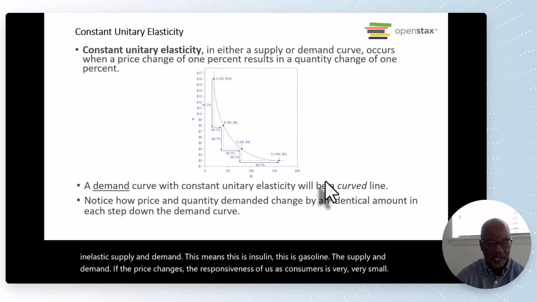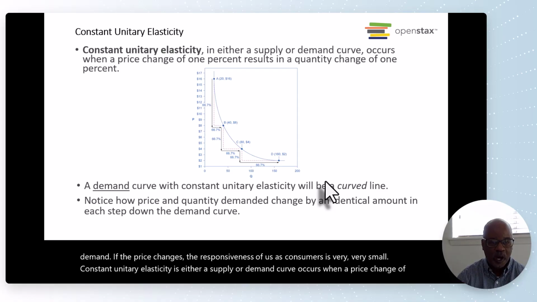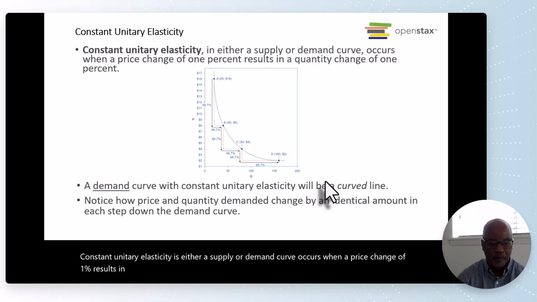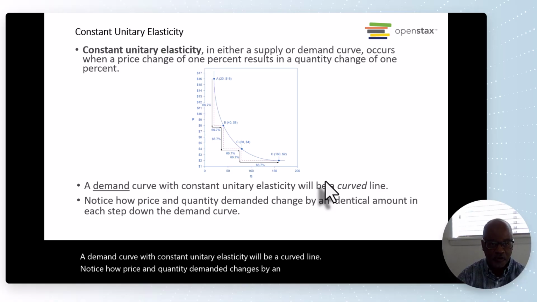Constant unitary elasticity applies to either a supply or demand curve. A price change of 1% results in a quantity change of 1%. The demand curve with constant unitary elasticity is a curved line. Notice how price and quantity change by an equal percentage amount in each step down the curve.